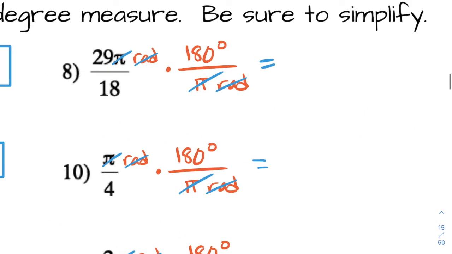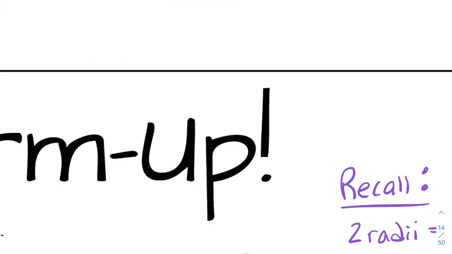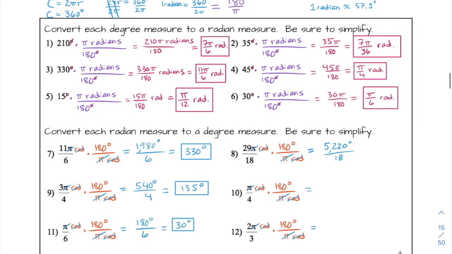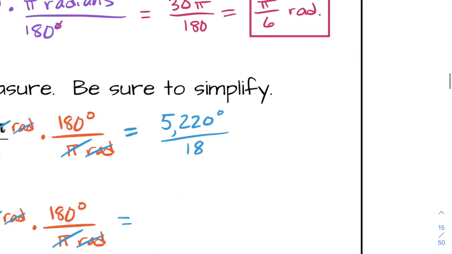The next one, 29. Ooh, 29 times 180 is 5,220 all over 18. So 5,220 degrees all over 18 is 290. Sorry about that. Equals 290 degrees.